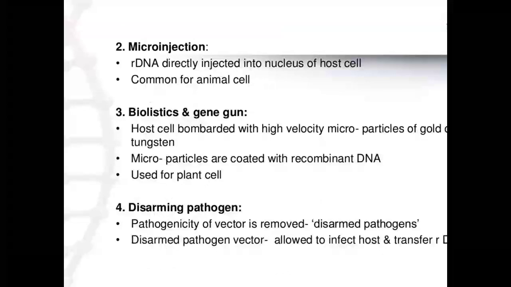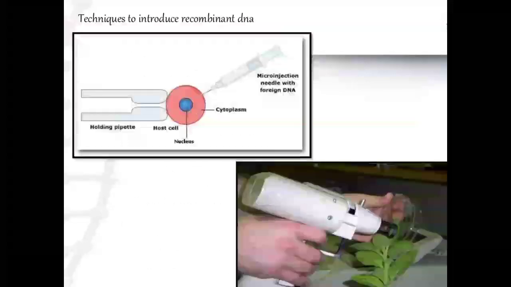Next are disarmed pathogens. Disarmed means the pathogenicity of the vector is removed. The disarmed pathogens are allowed to infect the host and transfer the recombinant DNA. So if we allow them to infect the host cell, they transfer the vector DNA into the host cell.